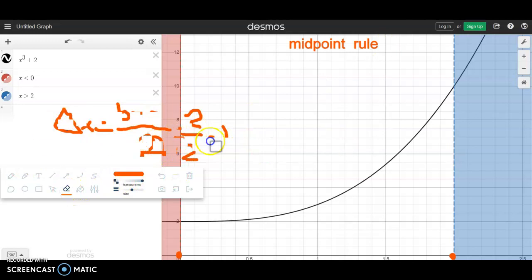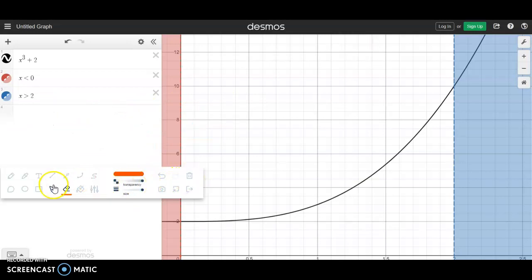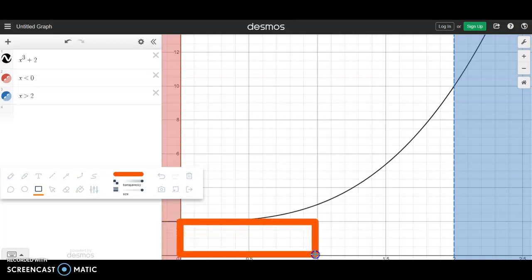Normally we would have rectangles going from the height of the left-hand endpoint, stopping here, and then something like this, and you'd severely undervalue.